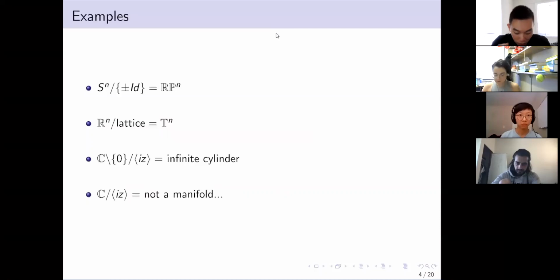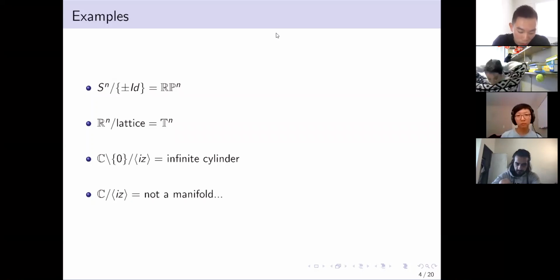Firstly, I can probably introduce some easy examples. Quotient spaces include S^n, the n-sphere, and if you identify antipodal points, you get RP^n. This is a smooth manifold.